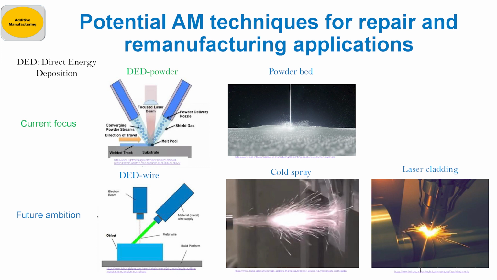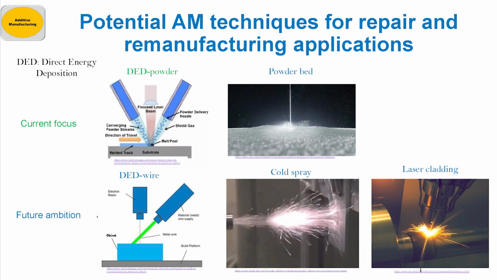And this repair and remanufacturing is a real sustainable solution to modern manufacturing, because it can not only save cost, but significant material waste is also reduced. So what are the different AM techniques that can do this repair and remanufacturing?